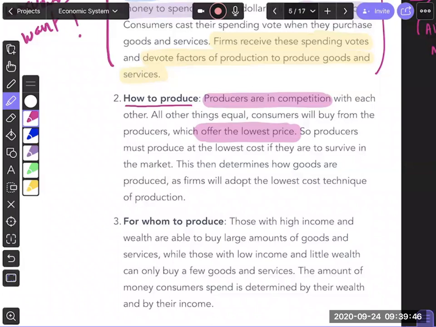And that producer who's giving me the lowest possible price is basically also the one who has probably the lowest possible cost. And how is he achieving the lowest possible cost? Well, because he's probably adopting the lowest cost technique of production.